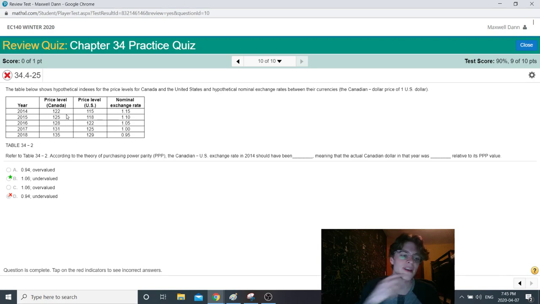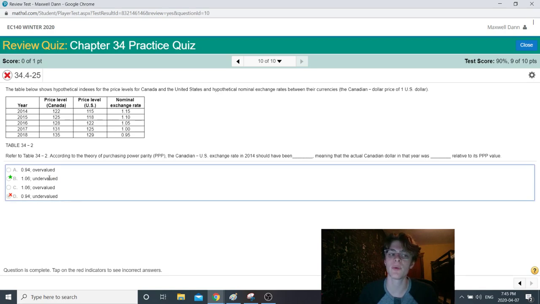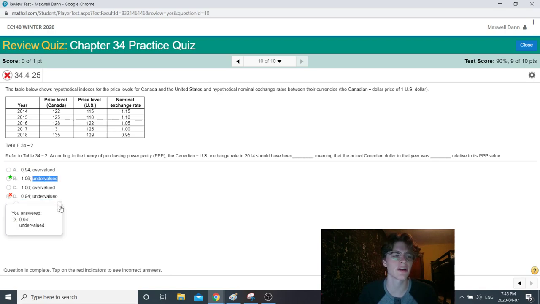Oh, okay. It's just 122 divided by 115 to get the exchange rate. And if the exchange rate is higher than 1, then it means it's undervalued.